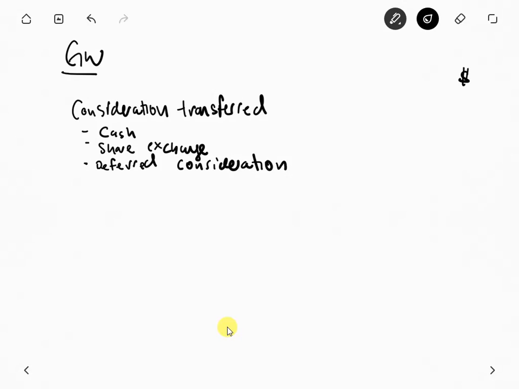What else? Contingent consideration. Okay: cash, share exchange, deferred consideration, contingent consideration.